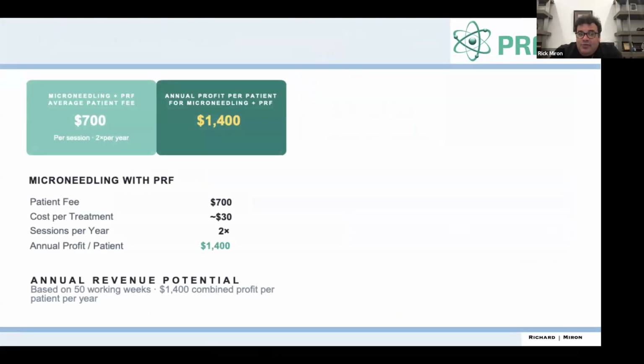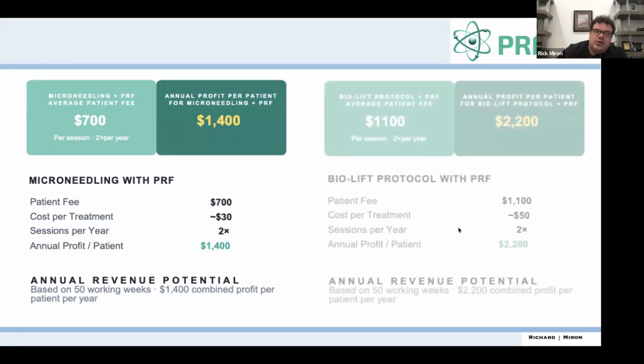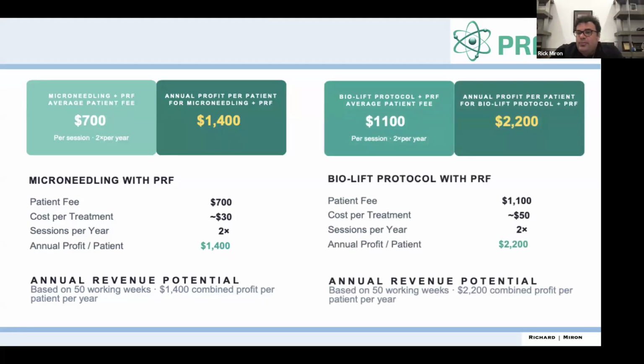And not only that, they have to do 2 per year. So unlike if I did 1 implant on a patient, the minute my patient says, yes, I'm going to do microneedling with Pure F, just like they do Botox every 4 to 6 months, they do microneedling with Pure F every 6 months, that now becomes a $1,400 patient. And if they do it with the Pure F injections and the biofillers, that's typically an $1,100 treatment.